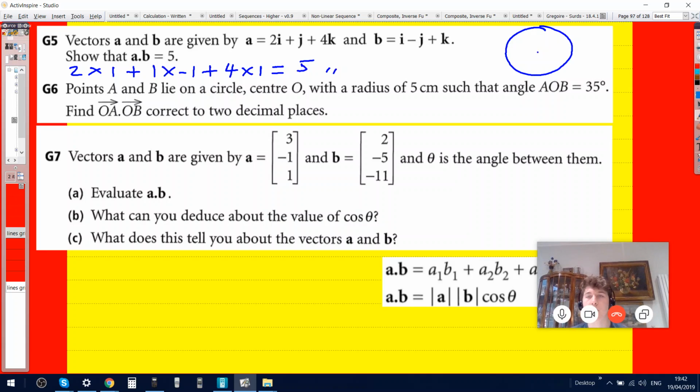So we know the circle has a radius of 5, and you know that angle is 35 degrees. Find OA dot OB, the dot product.